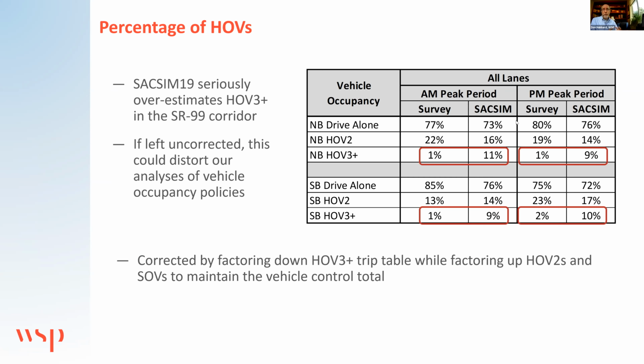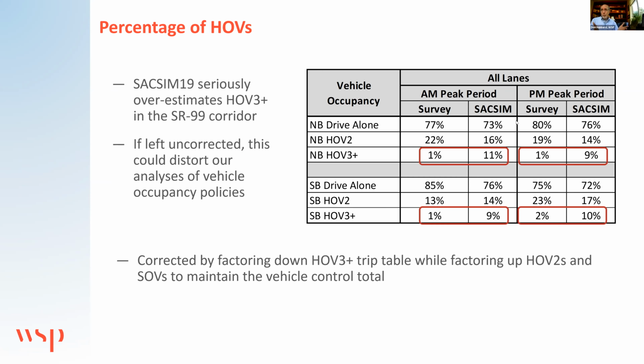The third problem that we showed in the original graph was that there was an overestimate of HOVs in the HOV lanes. And the reason was the model overestimates HOVs in general, at least for this corridor. Some other corridor could be a different result. If you look at what we found in the field surveys versus SACSIM, the overestimate was mainly in the HOV3s, which in SACSIM was showing 11%, which is very high and probably unrealistically high for this particular corridor.